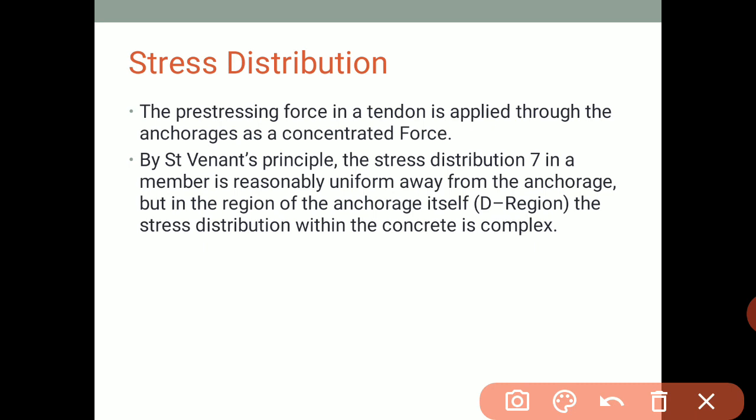So for this particular part, this is Saint Venant's principle. We have come to know this name in our MOS or in our SA1 subject also. By Saint Venant's principle, stress distribution in a member is reasonably uniform away from the anchorage, but in the region of anchorage itself, that is the D region, the stress distribution within the concrete is complex.